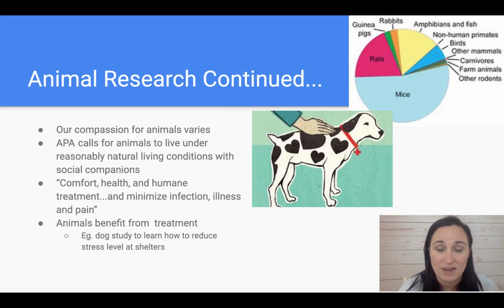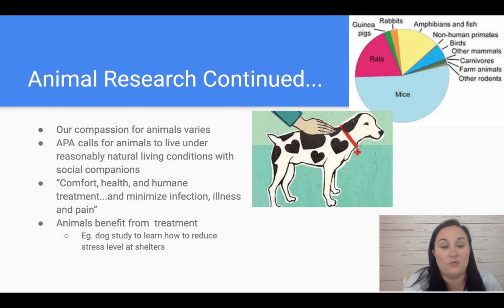Animals also benefit from psychological research. There are many examples of this. It's actually a lot of how they learn to create habitats for animals who are injured and need to live in places like the zoo.